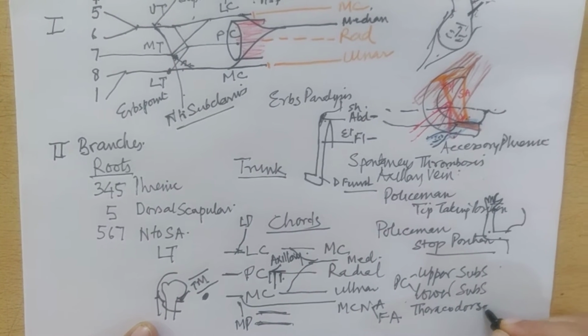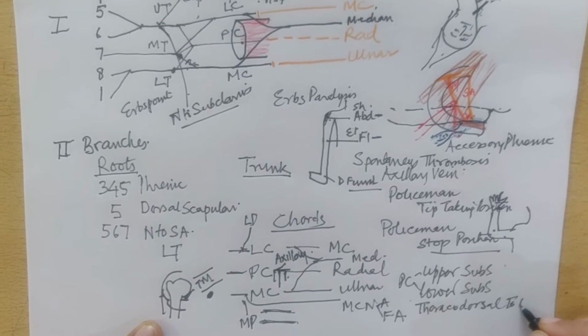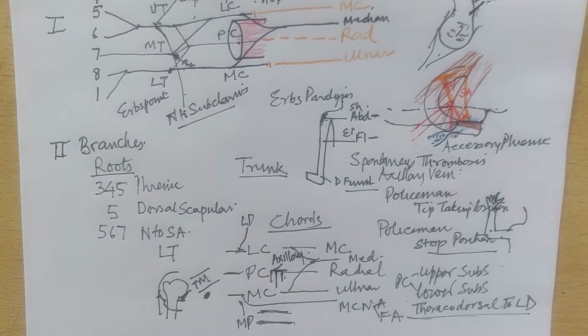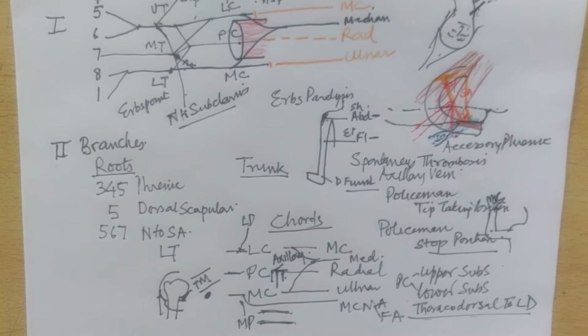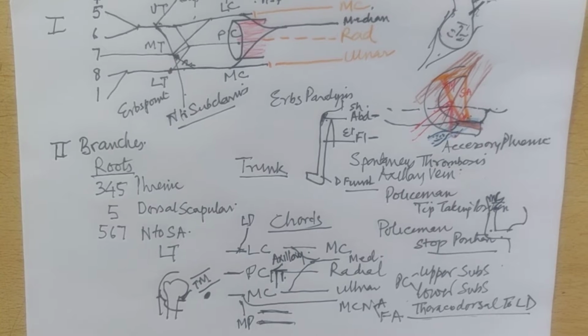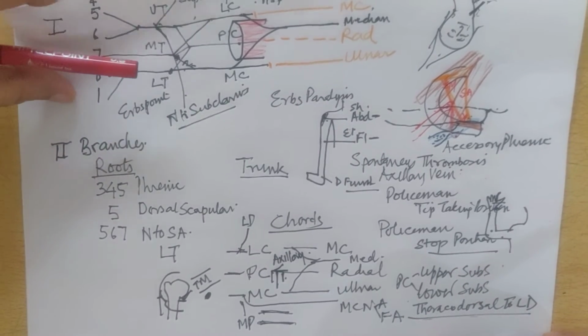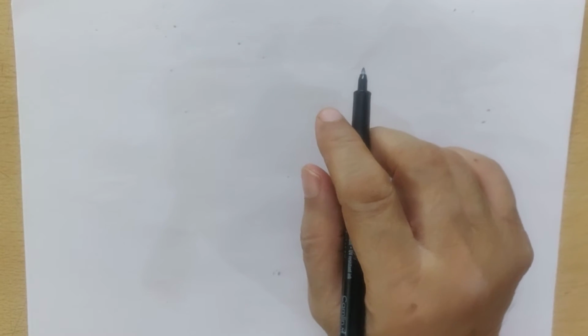Thoracodorsal is also the nerve to latissimus dorsi. Alright, so this is the formation and branches of the brachial plexus. Now we'll cover these nerves one by one, the course, what they supply, and how to test them.